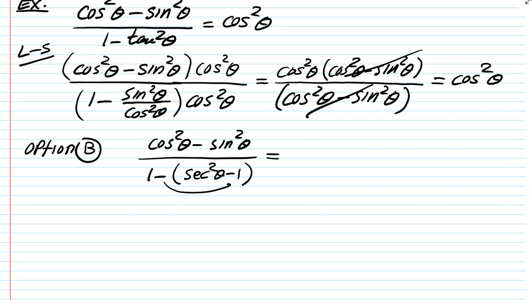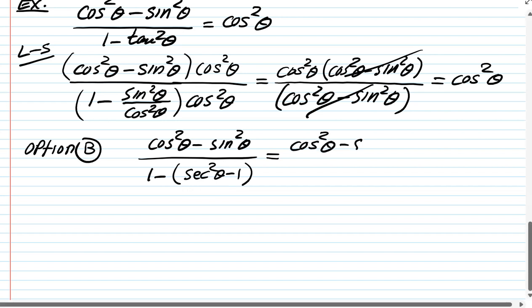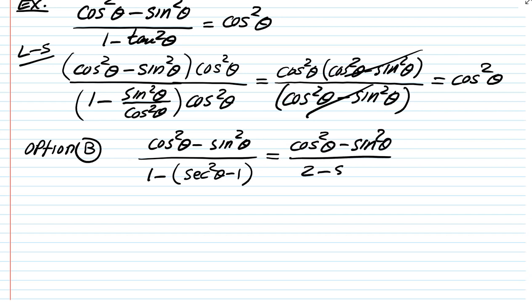Negative 1 is positive 1. Okay, that's not going to work out that nicely. Cosine squared theta, negative sine squared. If it doesn't look good, I'm just going to stop. Nah, let me forego this one. We did it this way. That was the easiest way we did it. So yeah, we're done with this. I don't want to make the video too long. So we're done with that example.